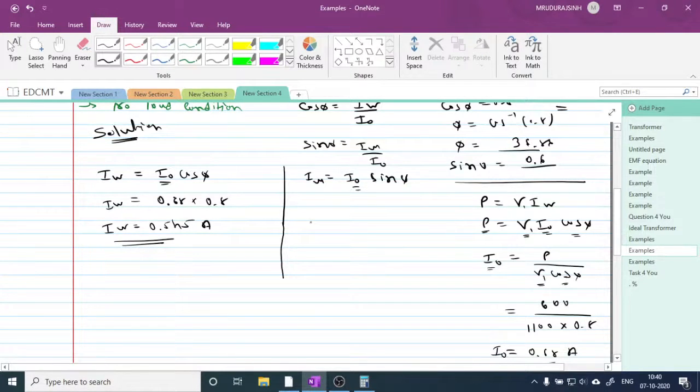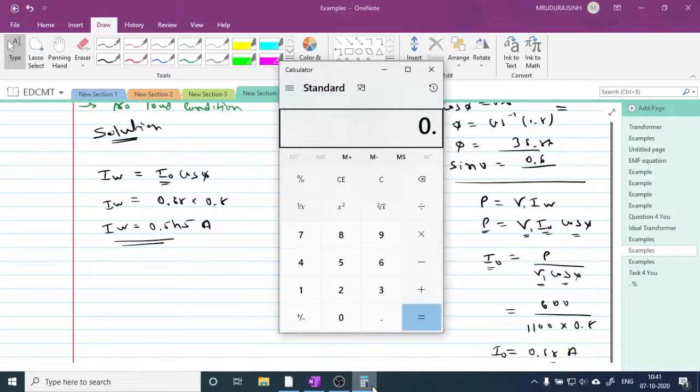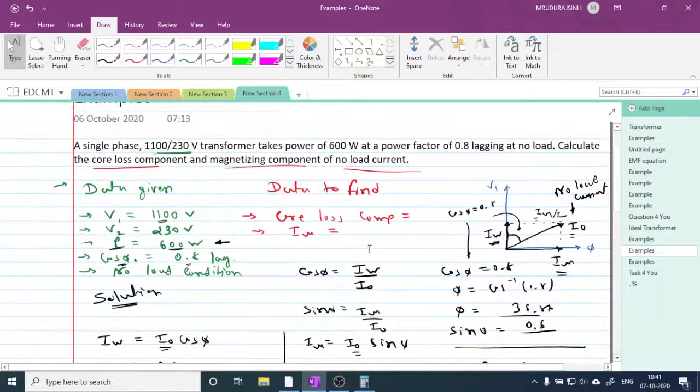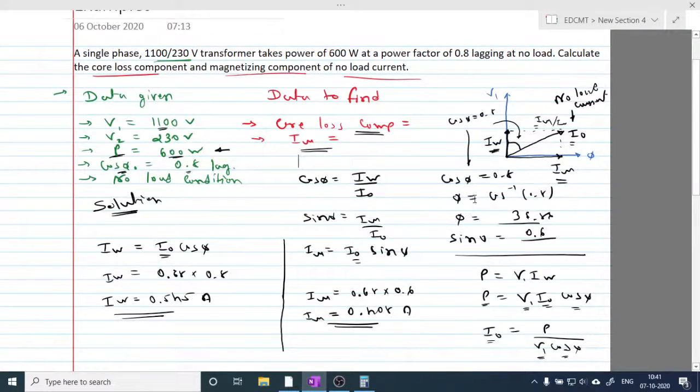And I mu is equal to 0.68 into sin phi, 0.6. So 0.68 multiplied by 0.6 is 0.408. So I mu is equal to 0.408 ampere. So that's it. These are our two components, the core loss component and the magnetizing component. This is our example number 2.